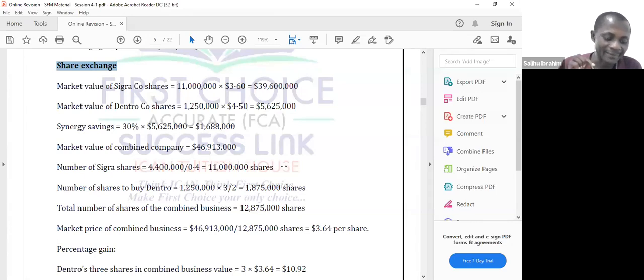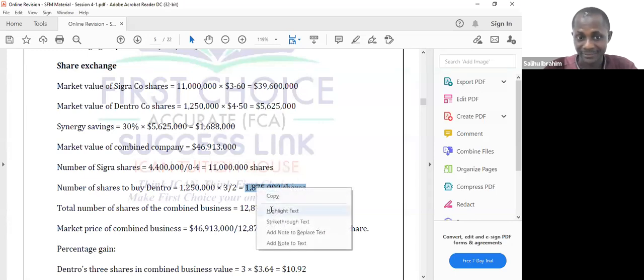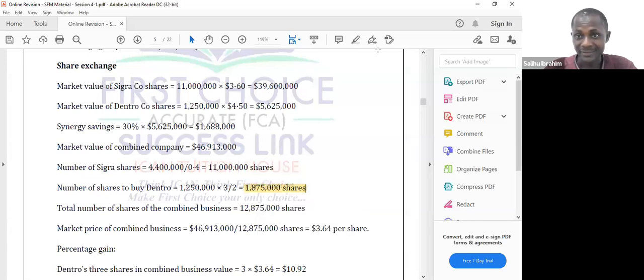Now multiply by 3. That will give you the number of shares we should offer to Dentroco shareholders. So we are offering them 1,875,000 shares. Look at it here. Is that clear?